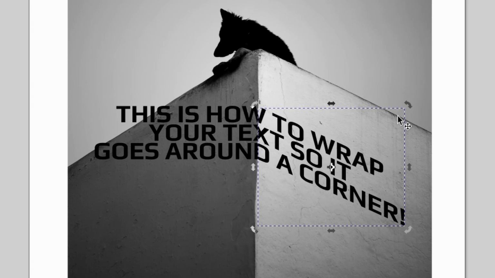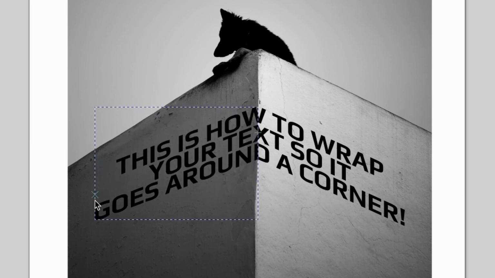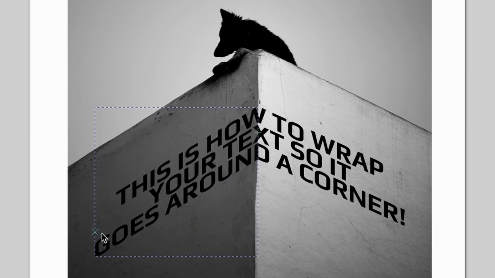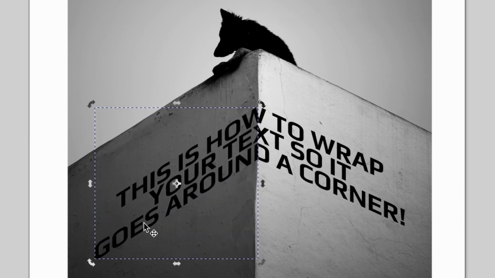Once I've got this parallel or as close to it, I can then use the other side, do the same, get the rotation handles, hold Shift and drag this down. And now, as you can see, we now have our text going around the corner.